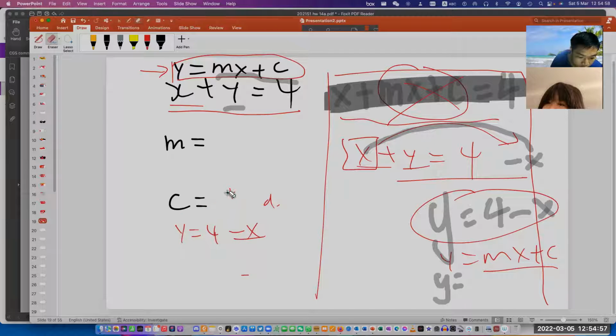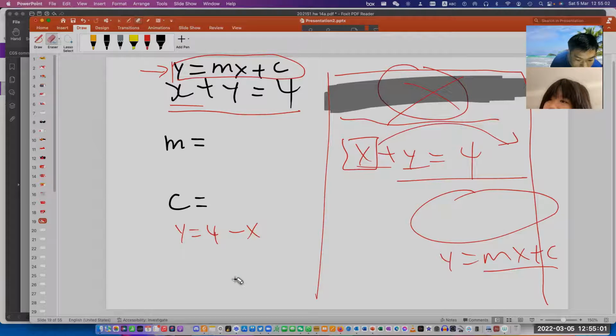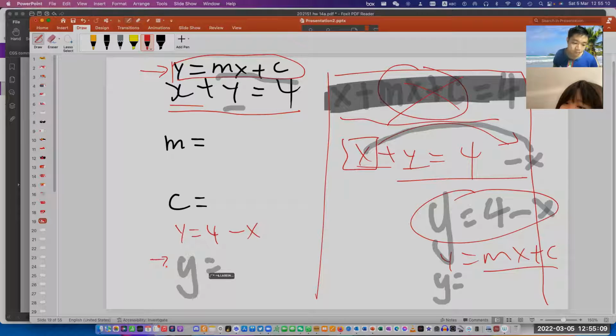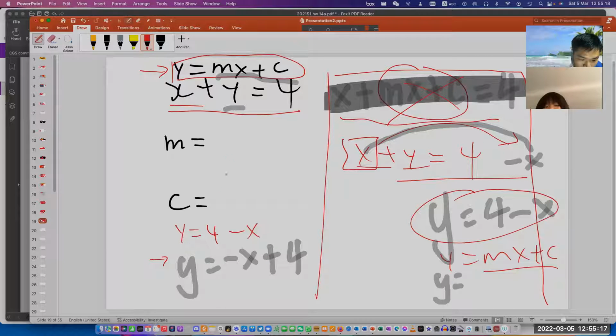So how do you rearrange 4 minus x? You can do it below. Y equals. Correct. So once you get into this format, what is your m?